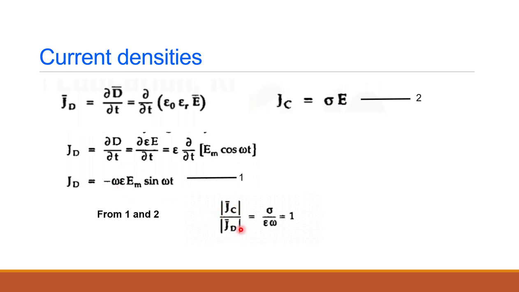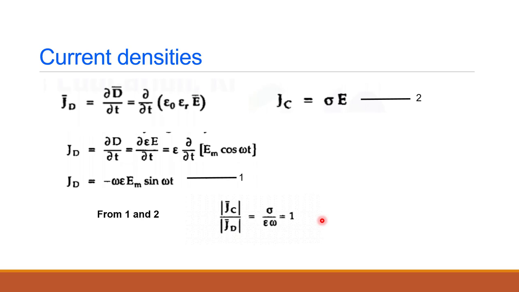If we take the modulus of these quantities, then we have to neglect this negative sign, and it should be equal to 1, or greater than 1, or less than 1. If it is very much greater than 1, then Jc, the conduction current density, is more, because sigma is more. If sigma is less, then this ratio will become very much less than 1.